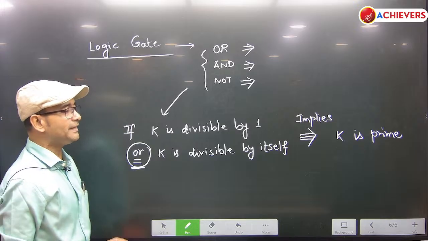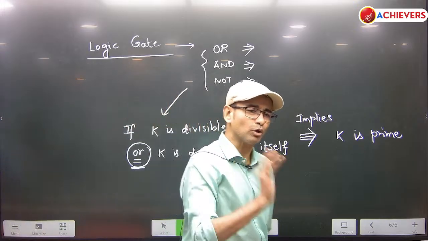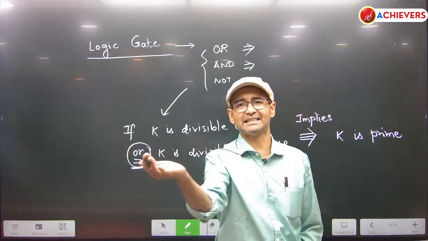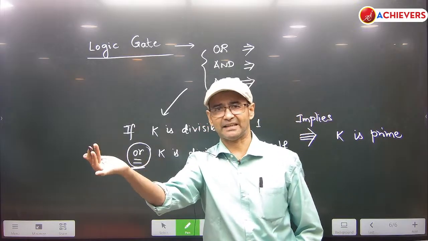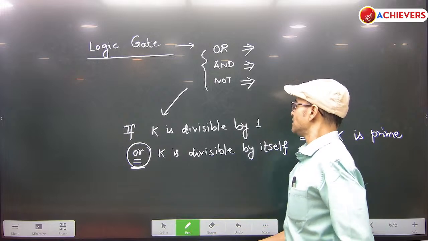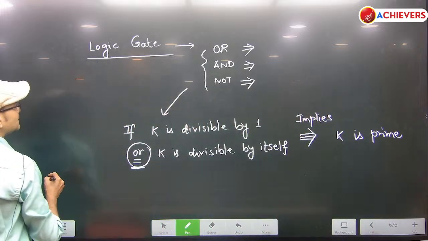Now when we define the AND gate, that means both the conditions must be satisfied. So where do we apply AND?